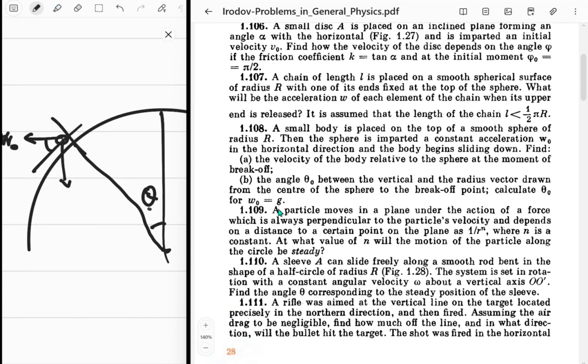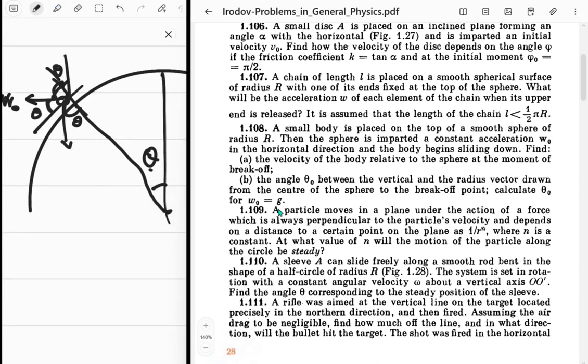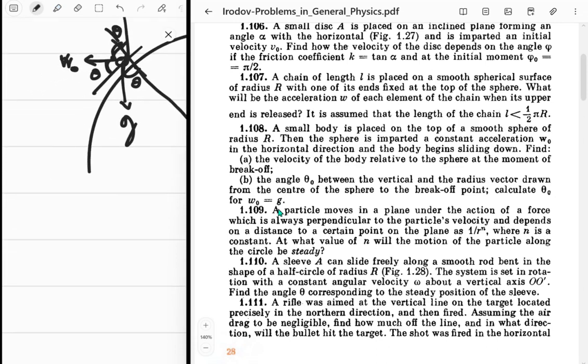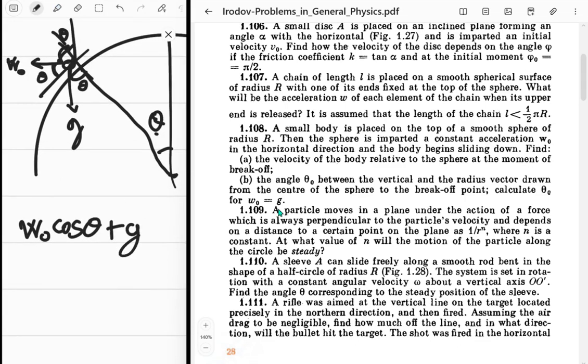With this vertical, it's making theta right there. 90 minus theta is going to be theta right there, since this is horizontal and this is vertical. And that's why this angle should also be theta. So the tangential acceleration of this guy is just W naught cosine theta plus g sine theta.